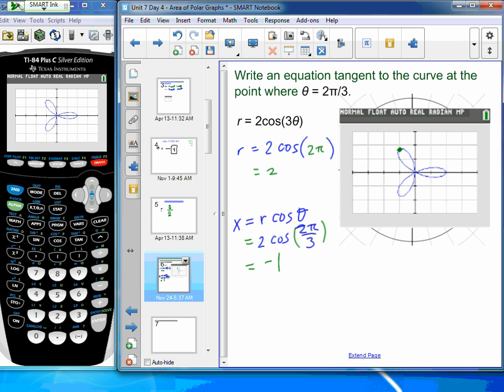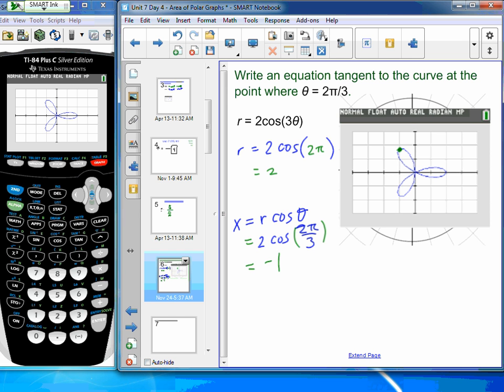Does that appear to be the x-coordinate of that point? Yes? So we just took the r value that we calculated from our original function, r equals f of theta, and used our Cartesian identity, x equals r cosine theta, to generate the x-coordinate of this point. What did we use for theta? Well, we used our point. My theta value at the point of tangency was 2 pi over 3, so I put that in for theta. I used my calculated r value, and I generated negative 1. Graphically, we can see visually that that looks like the x-coordinate of the point of tangency.